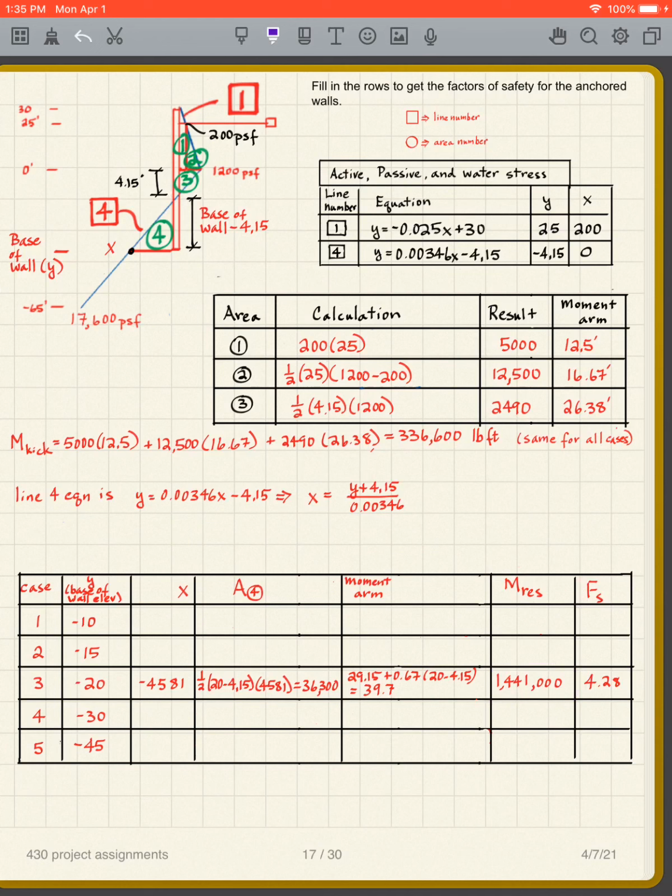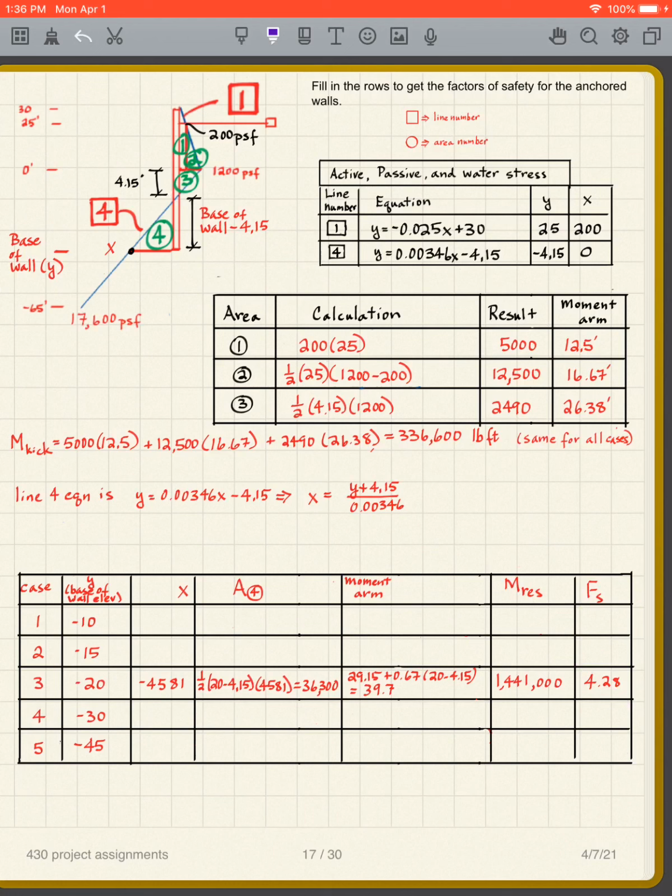All you need to do is fill out these lines here and get these other factors of safety. And again, your goal is to figure out where it seems to be closest to 1.5, and then you should interpolate.